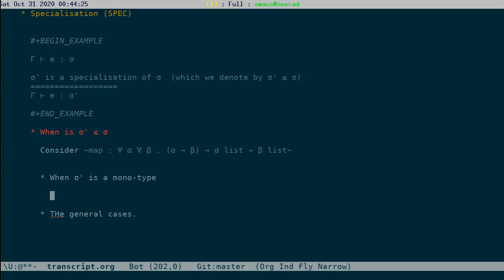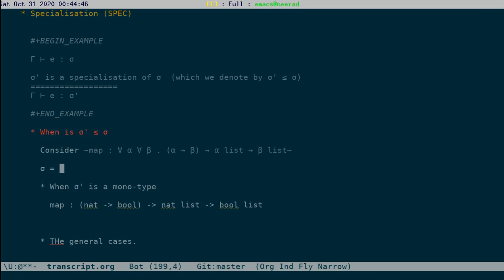Firstly, notice that map, if you want, can be thought of as a function from nat arrow bool to nat list to bool list, which means that if our sigma looks like, say, for all alpha 1 through alpha n, some tau, then what does this say?